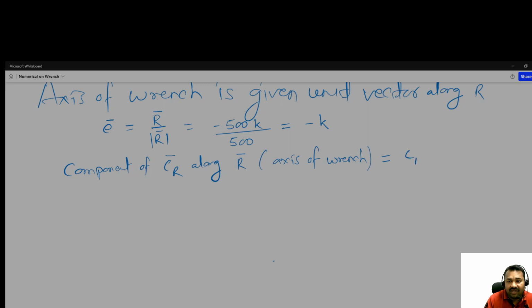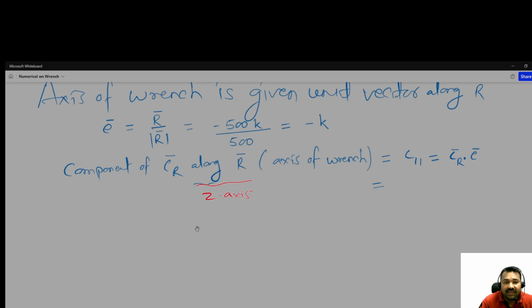We denote it by C parallel, and it is equal to CR multiplied by the unit vector. Along R means along the z-axis.